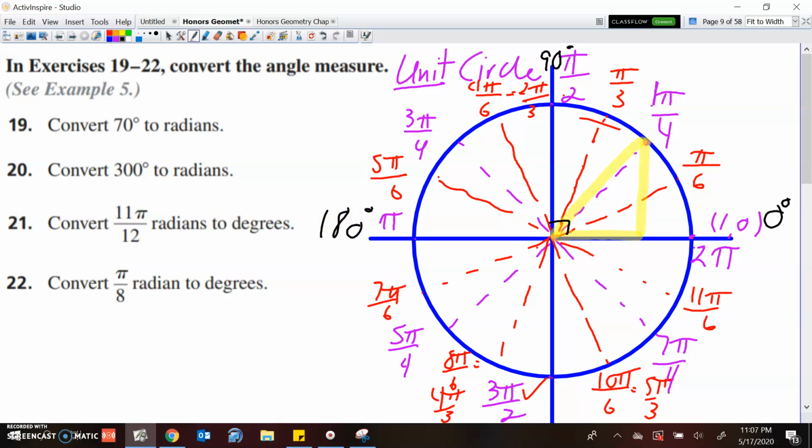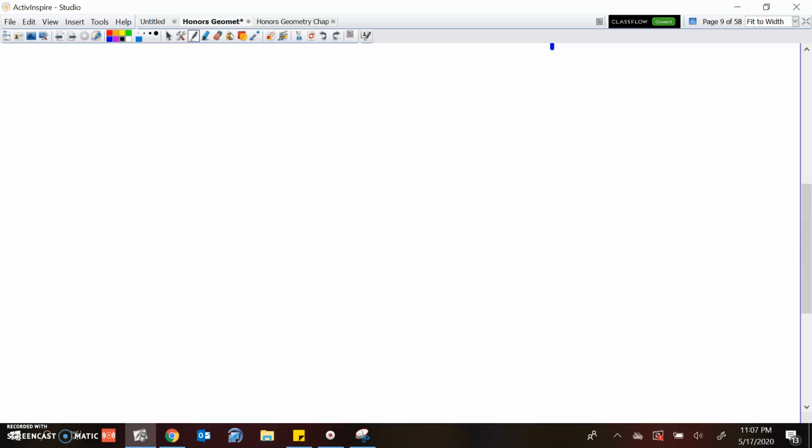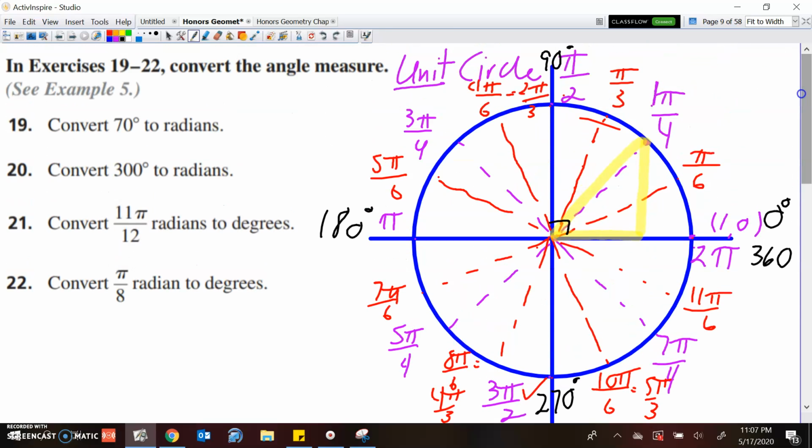This goes 90, 180. This is 270 degrees. And the whole thing comes back to give me 360 degrees. Then half of this, if this is half of 90, this is 45 degrees. So this is 45 degrees, 90, keep adding, this is 135, 180, and so on.